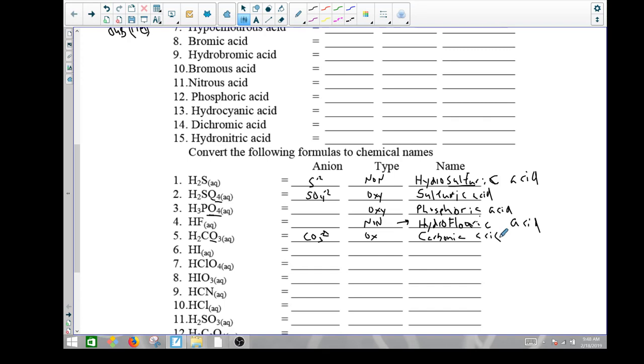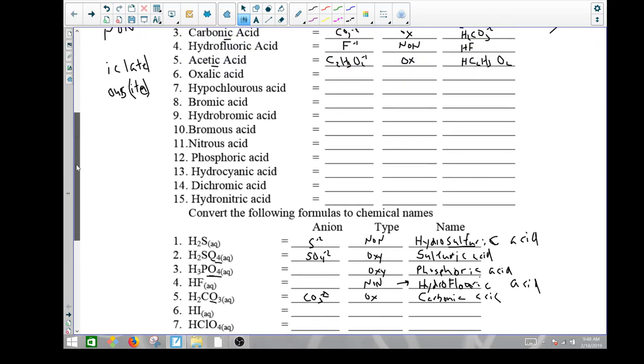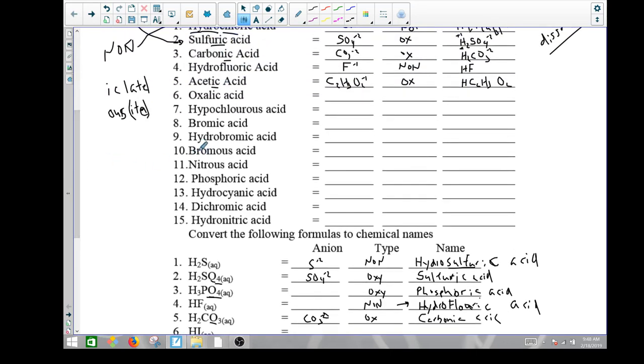There aren't too many here that are going to cause people any major problems. Sometimes people might give hypo. This is not hydro. On this one, my anion is ClO -1. That's hypochlorous. Sometimes people might get, let's say, this one, hydrocyanic.